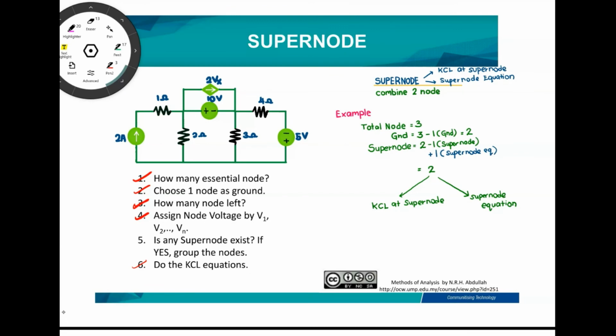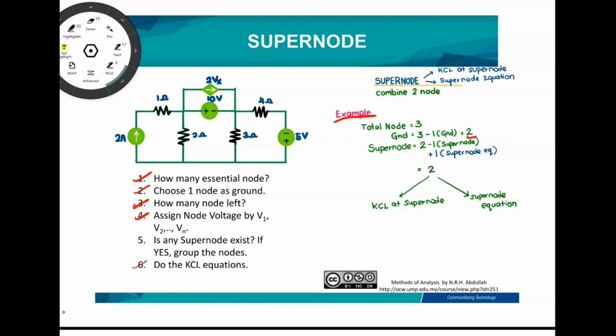For supernodes, there is a KCL at the supernode. There is a supernode equation, and then it combines with the two nodes. For example, the total number of nodes is 3 and you select one of the nodes as the ground, so there will be 2 nodes left.